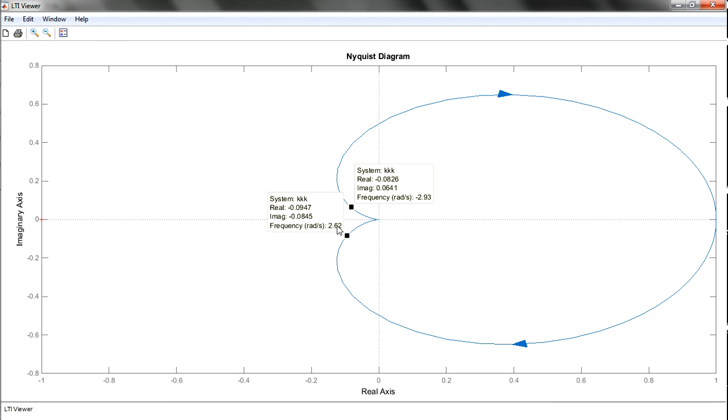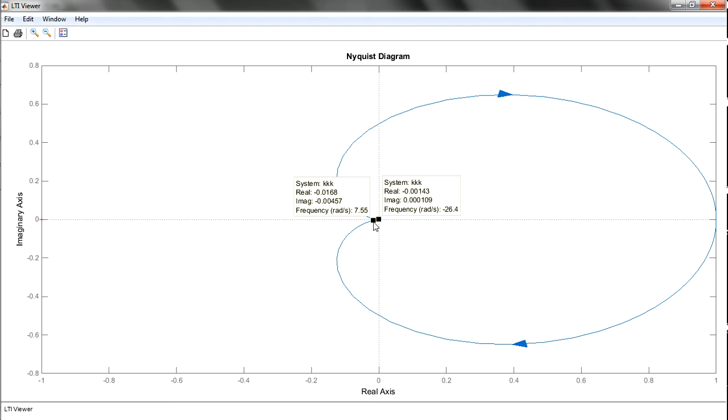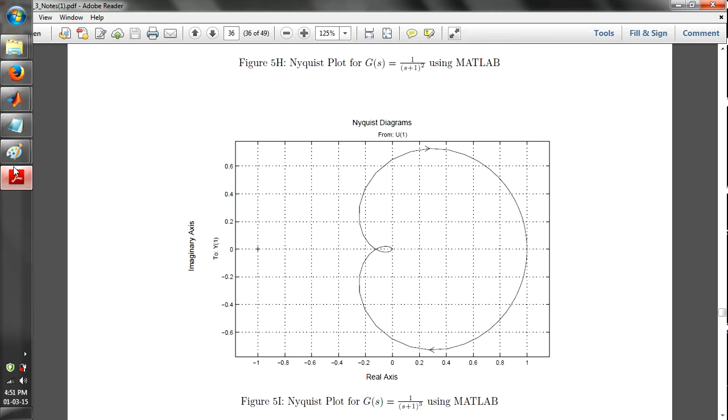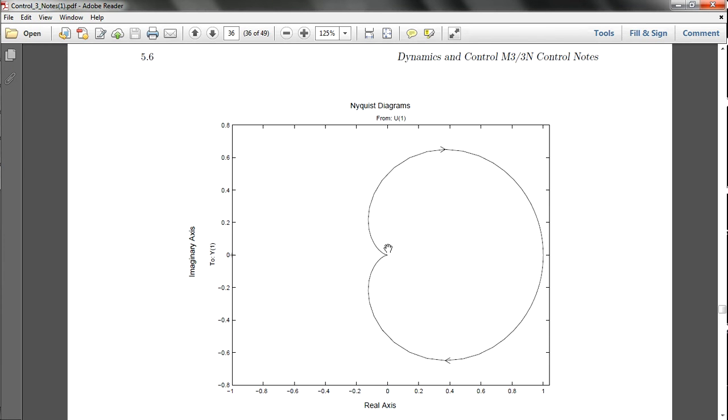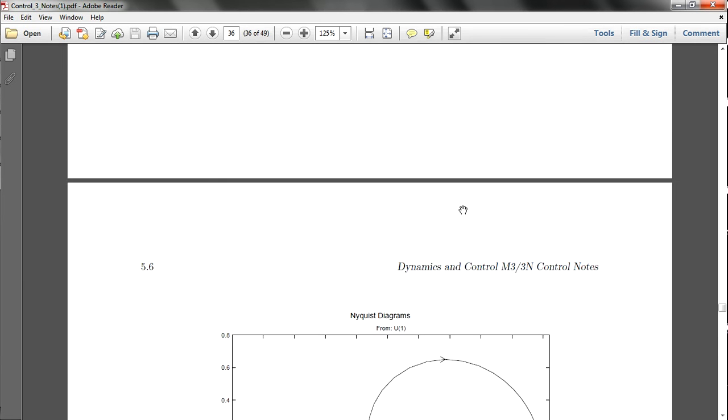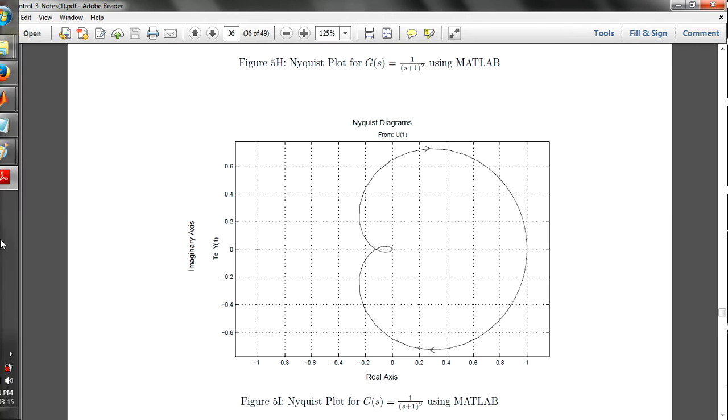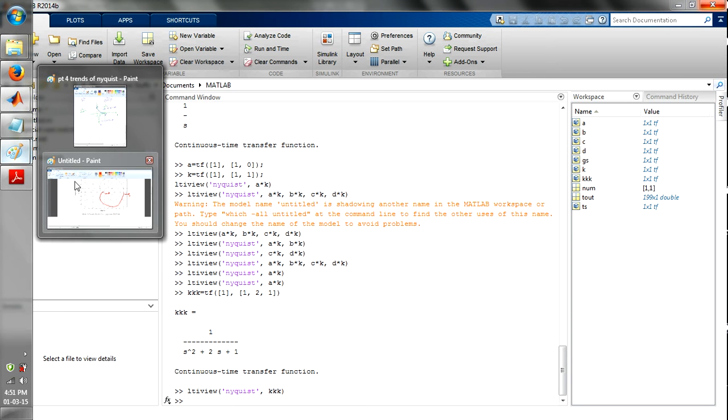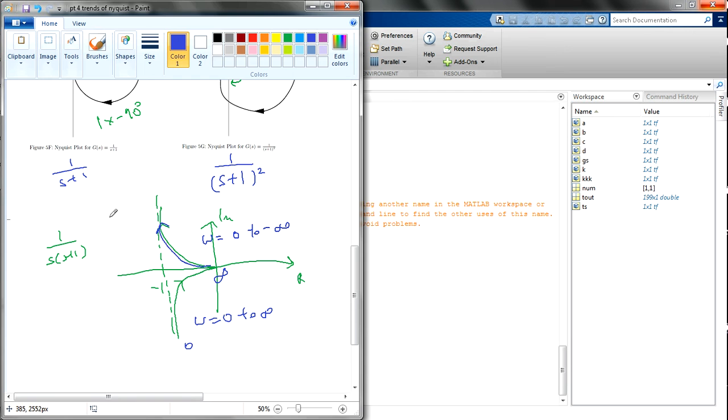Then as you go further, you are going towards higher values. So this is the trend, same as this. It's just simply a reflection. This is the positive, this is the negative, that's all. So I only proved to you s times (s plus 1).